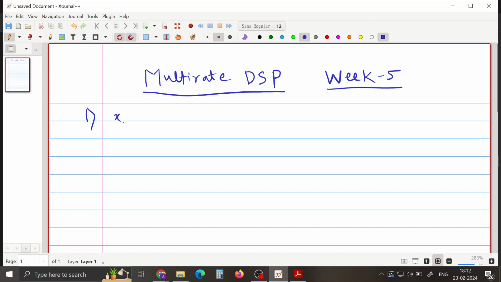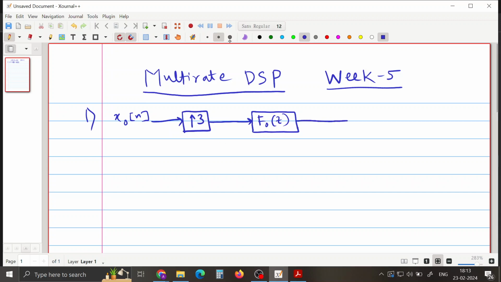The first sequence was x naught of n, that goes to an upsampler, and then it is passed through f naught of z or f naught of e power j omega, whatever you call it. It's a filter. This is one of the branches.